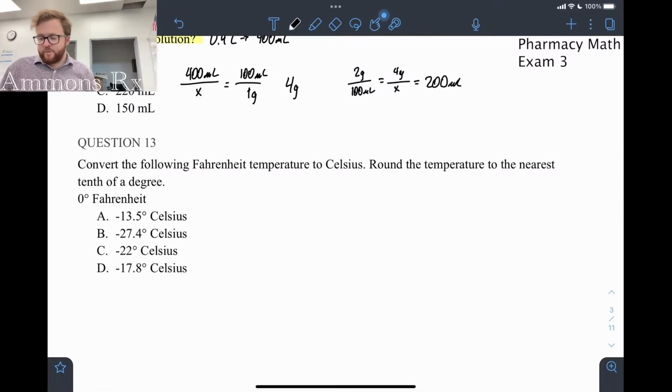Convert the following Fahrenheit temperature to Celsius. So this one I'm not going to work out because... so convert this one to Celsius. Okay, so just remember, this one can trick you because you might just do what I almost did and look at that 0 degrees Fahrenheit and say, okay, that's 32. Well, if you remember, 32 Fahrenheit is 0 Celsius.